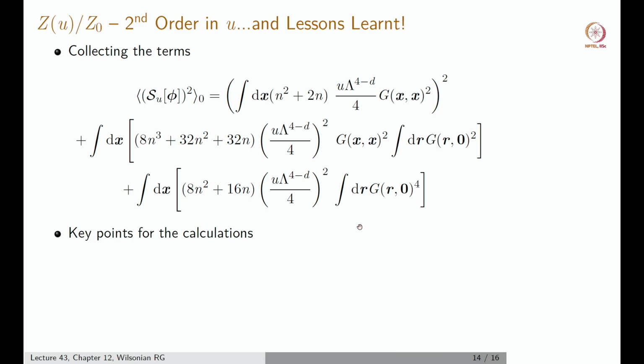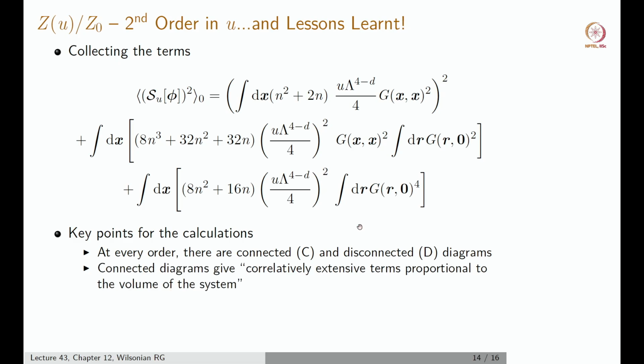So what is the thing that we have learned? We have learned that at every order, so we did only two orders, you will get connected diagrams and disconnected diagrams. Connected diagrams are correctly extensive, always proportional to the volume. Disconnected diagrams are not correctly extensive; there will be higher powers of volume.